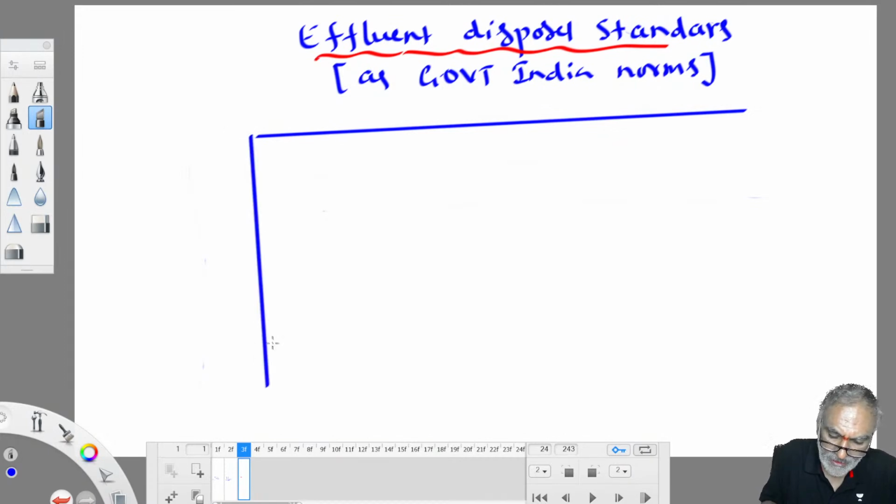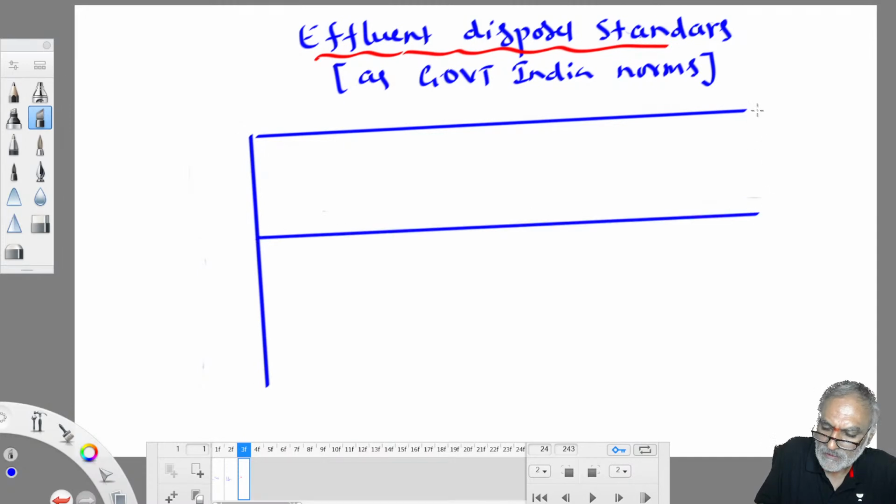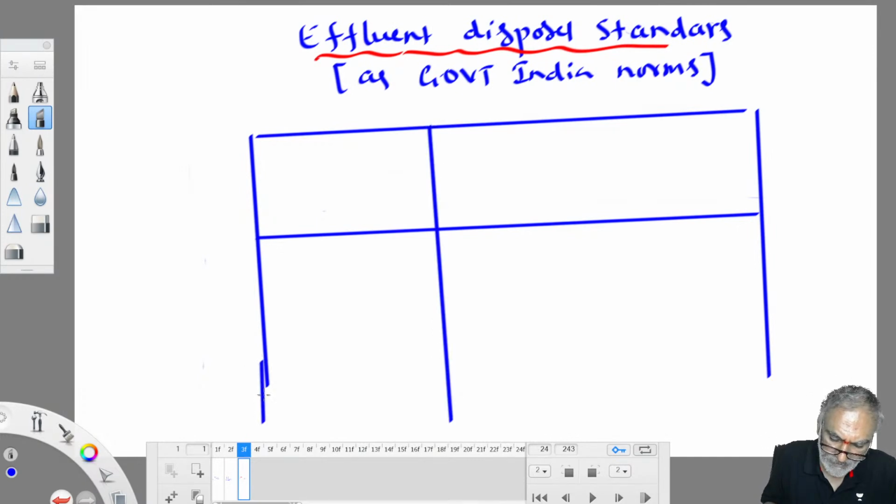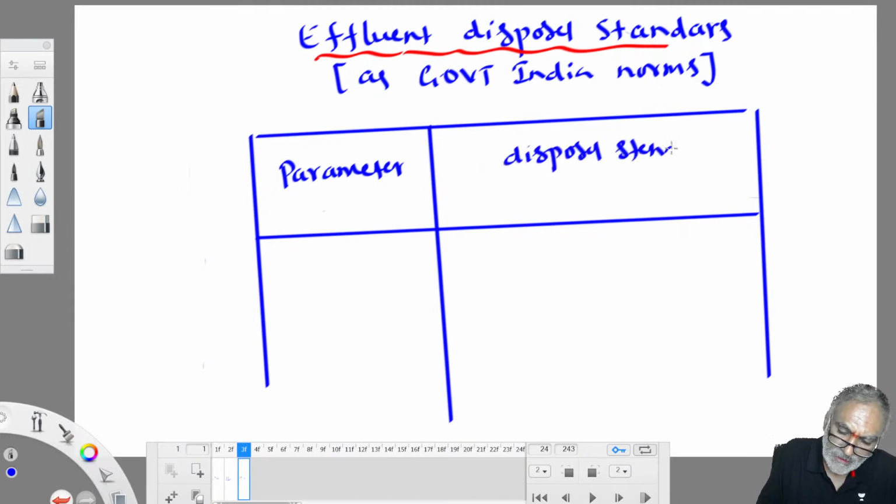I am talking about only domestic waste. This is the parameter and disposal standard given by Government of India in milligram per liter.